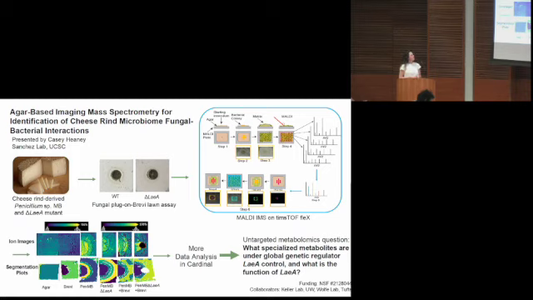So we want to see how that changes in the wild type versus the LAA knockout. I can do that by doing a fungal plug, the Penicillium MB fungal plug, on a Brevibacterium lawn. Brevibacterium is an actinomycete, also cheese-derived. And from there, do MALDI imaging mass spectrometry on our timsTOF flex.